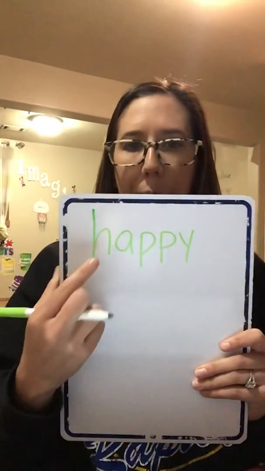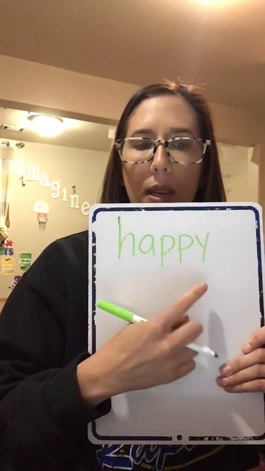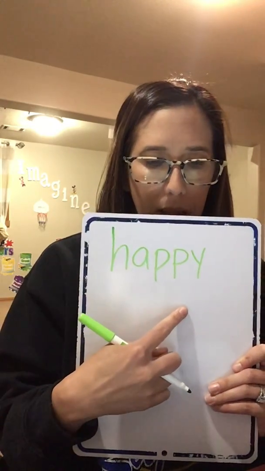Okay? And now another tricky one is when we have a Y at the end. If we have a Y at the end, like in the word happy. Okay, here's my word happy.